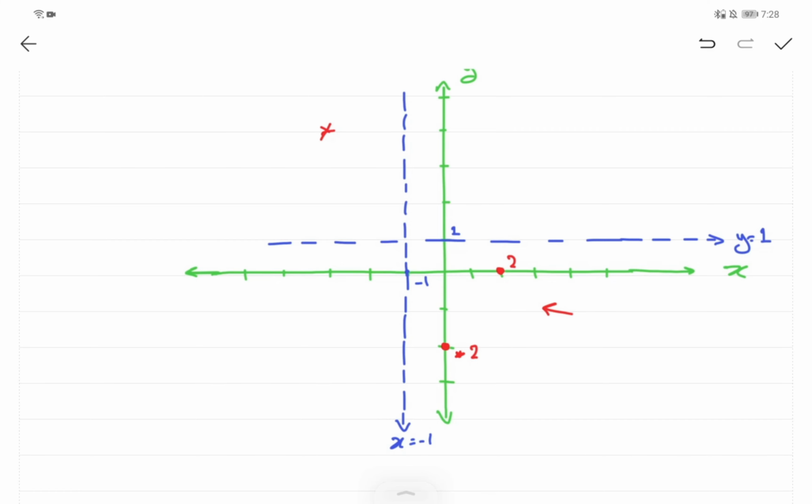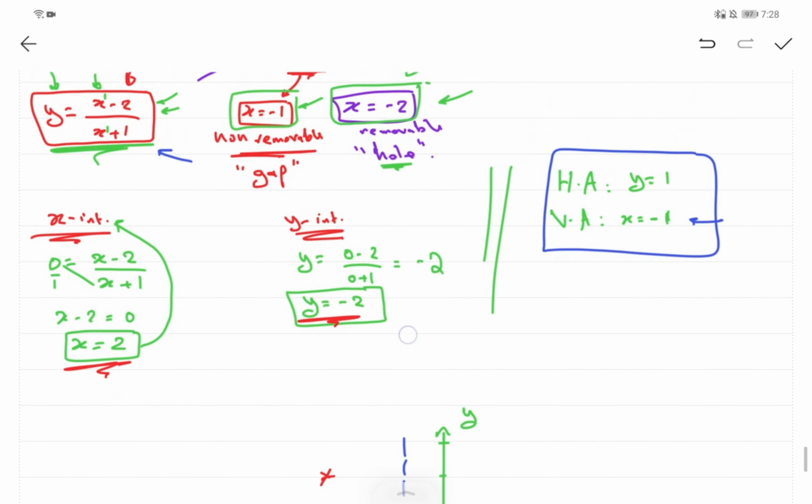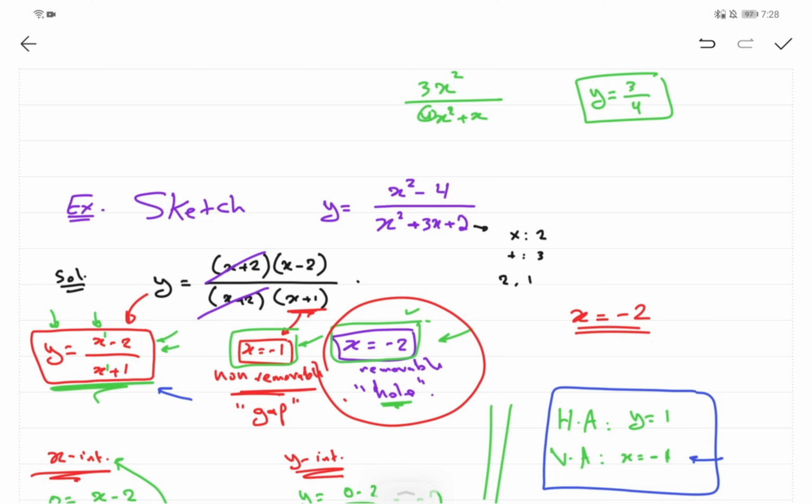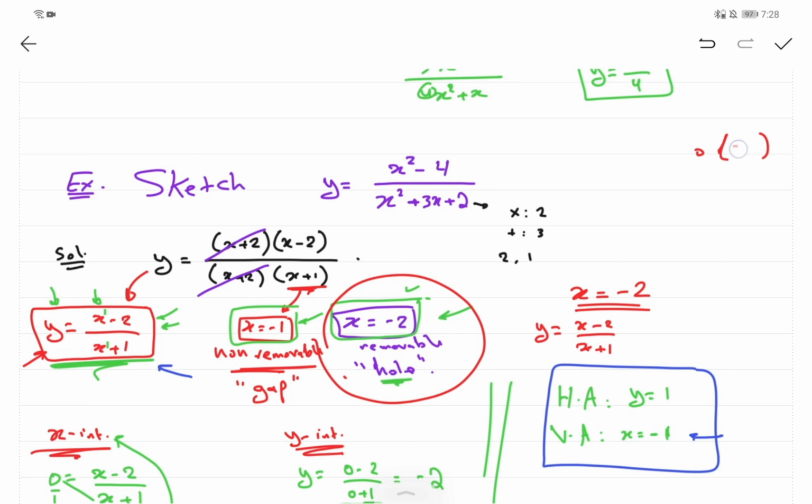Okay, so we're ready to graph now, but before that you need to keep in mind we have a hole when x equals negative 2. So we need to know the location of this point. Substitute x in the function y equals x minus 2 over x plus 1. We need to replace x by negative 2 to find the location of the hole, because remember, a hole is like a point, and any point has coordinates x and y.